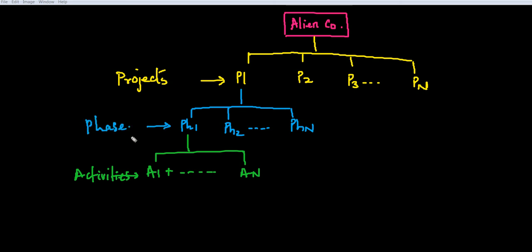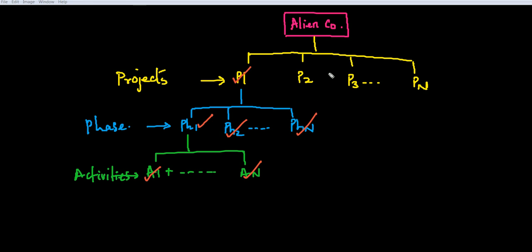If all my activities, activity A, 1, 2, 3, everything, have been completed, can I say phase 1 has been completed? Similarly, if phase 1, phase 2, phase 3, up to phase N are completed, can I say project 1 has been completed?